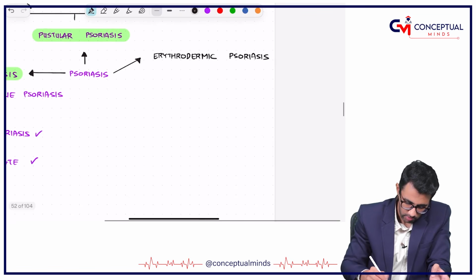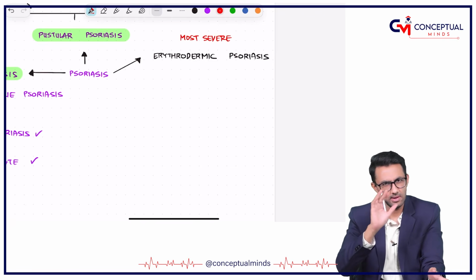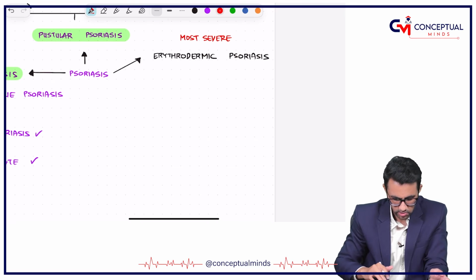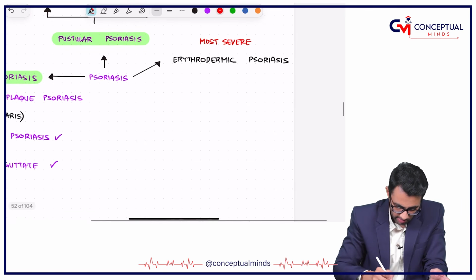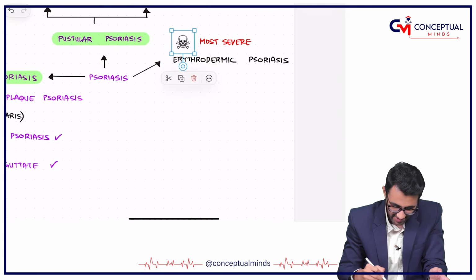This is the most severe form. How to manage these patients and everything, we will discuss in the treatment aspect. Now be sensitized with all the classifications of it, which is the most important part. We'll add a sticker here, because this is the most severe.